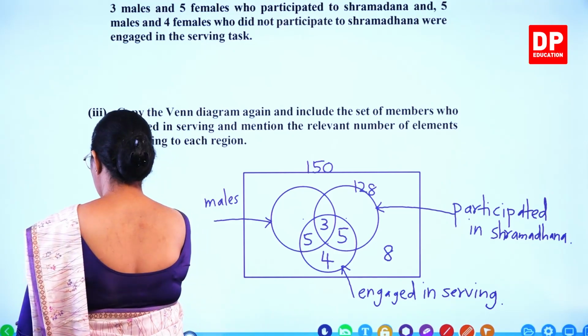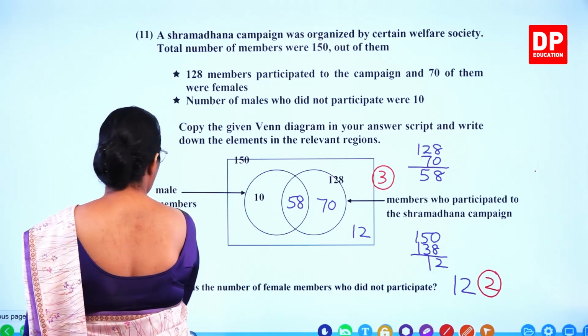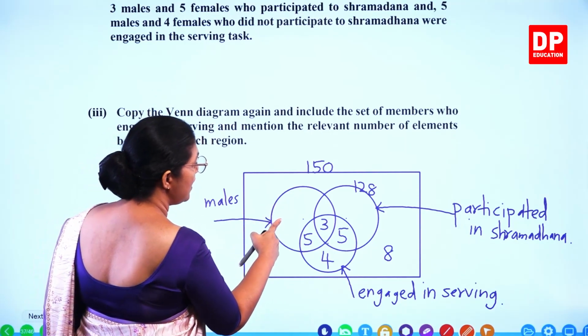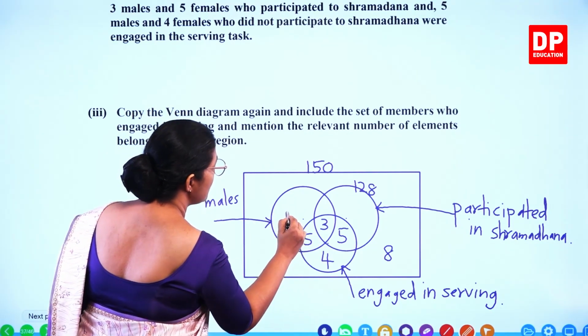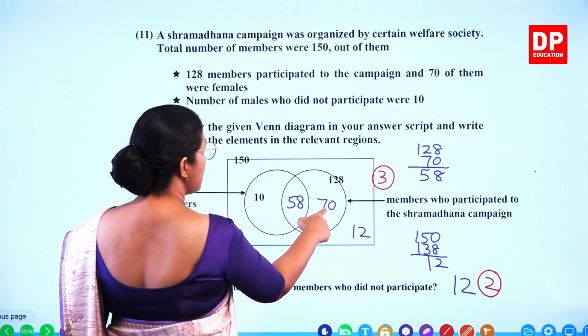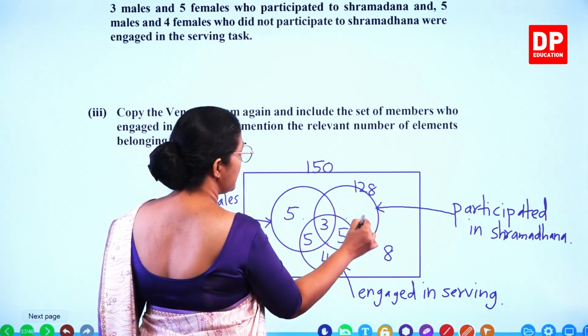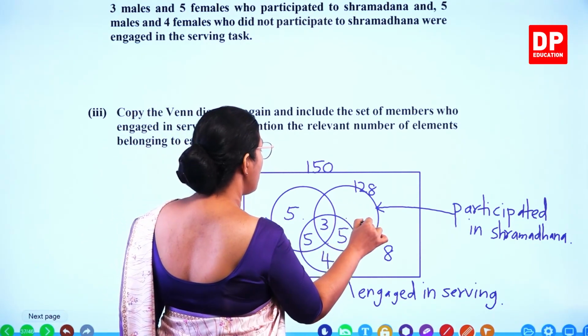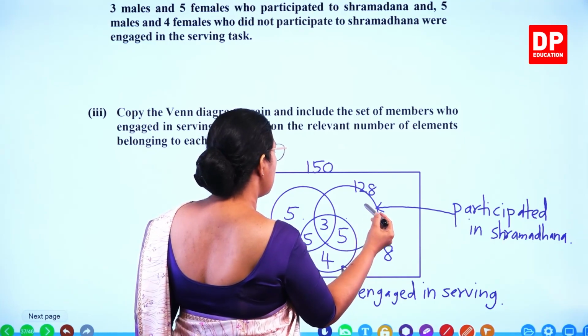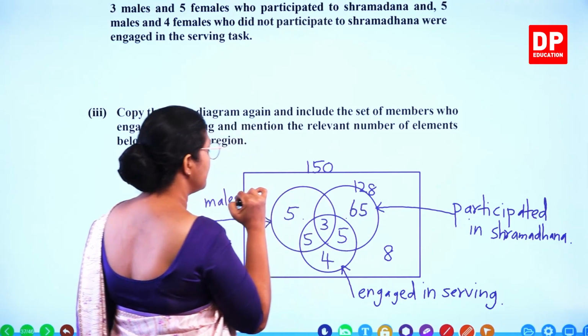So what happened to this part? Earlier 10. From 10, now 5 there, so 5 here. What about the other part? 70 was there. Now this is 70. From 70, 5 joined here, so this is 65.